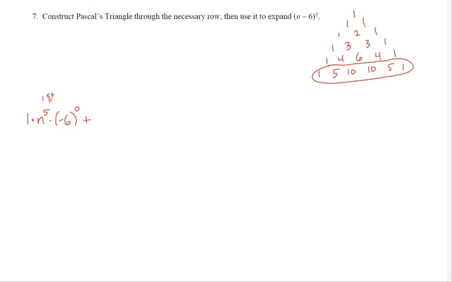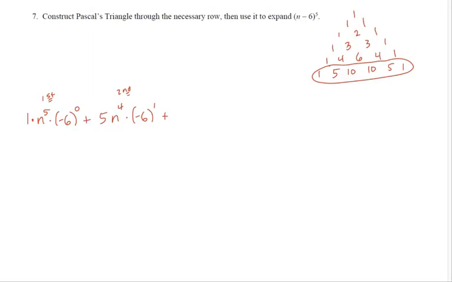All right. Now to get the second term, we're going to multiply 5 times n to the 4th. This first term is going to go down by 1 as we work our way through. And then the second term is going to go up by 1 each time. So in just a minute, I'll multiply all that together, and that'll be the second term.